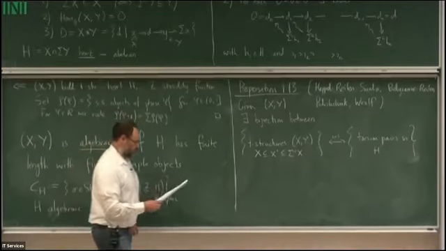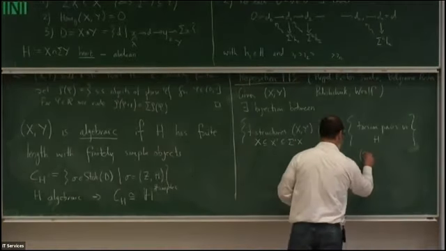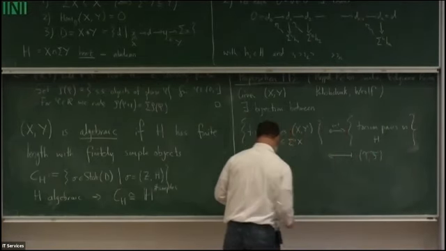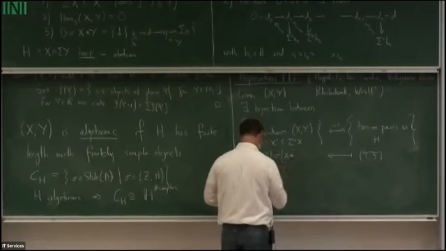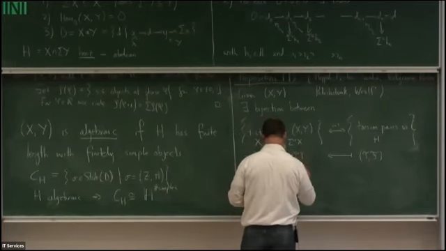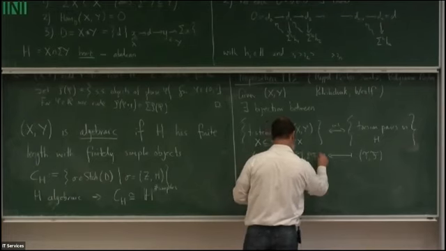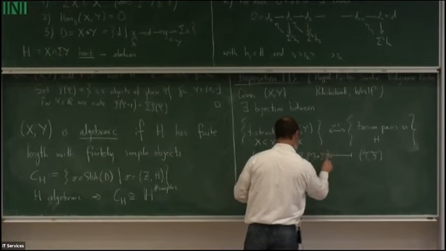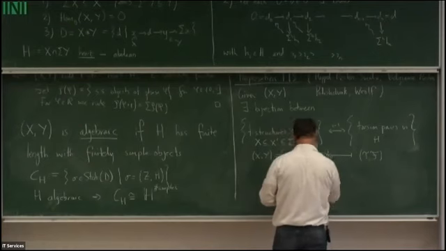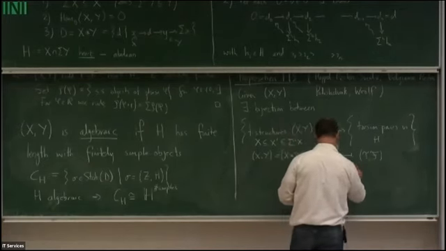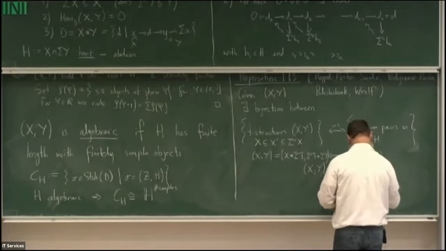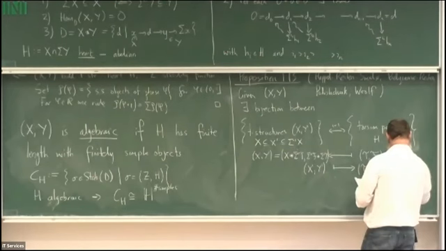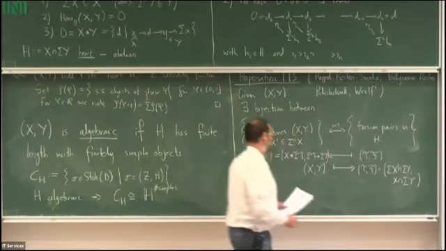This bijection goes by, I send a torsion pair (T, F) to (X', Y'), given by X' = X * T[-1]... and Y' = F[-1] * Y. I'm going the other way.